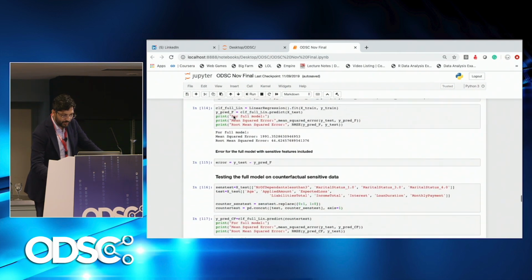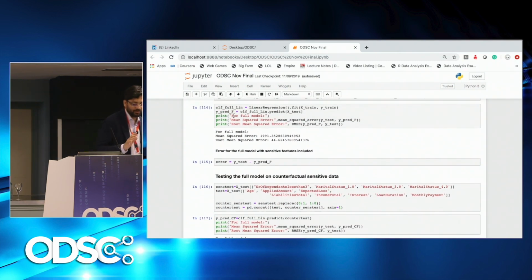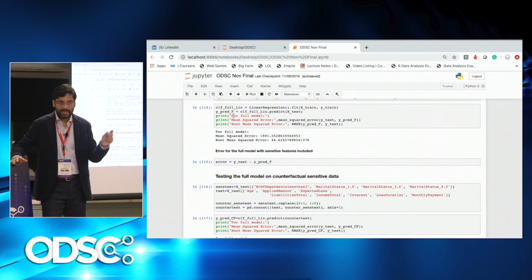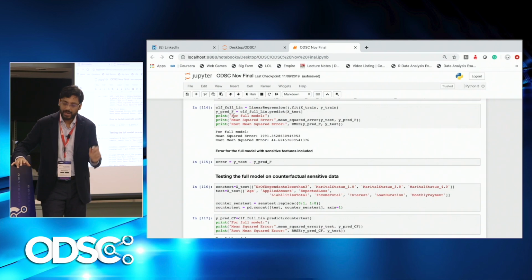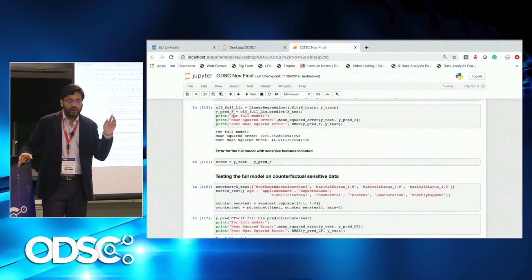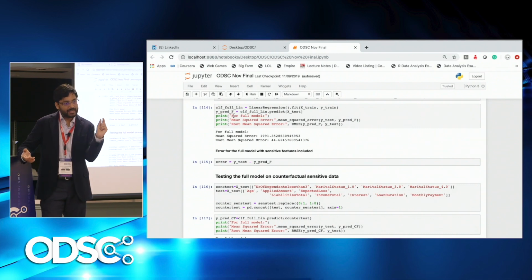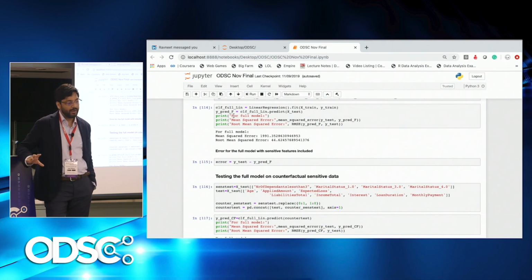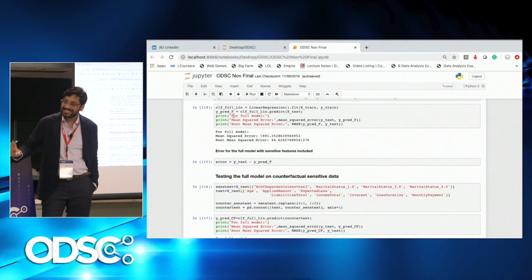So here what we are doing is very simple. Let's understand. We first make a logistic regression model with actual data and take out the predicted values. So we take a logistic regression model with the actual data, everything as is. We take out the residual, which is actual minus the predicted value, do a sum of residuals, and take out the value. That is the error of my logistic regression for everything as is.